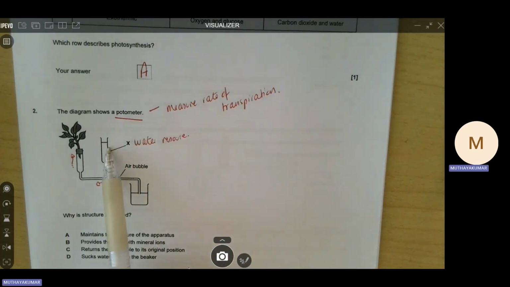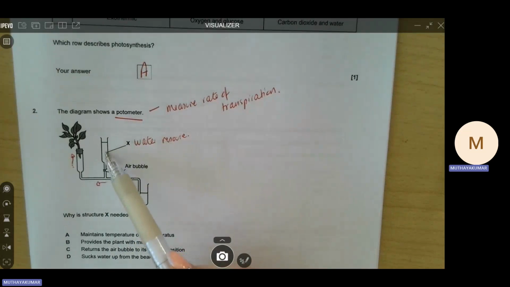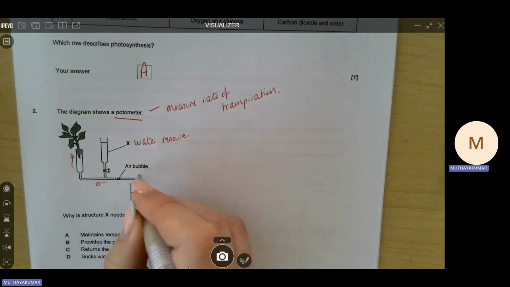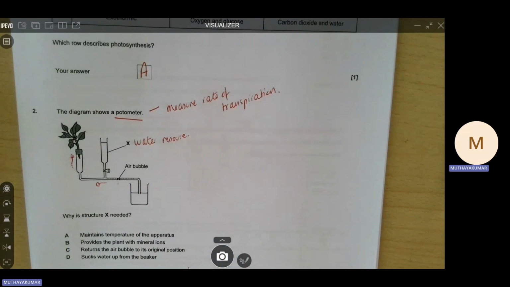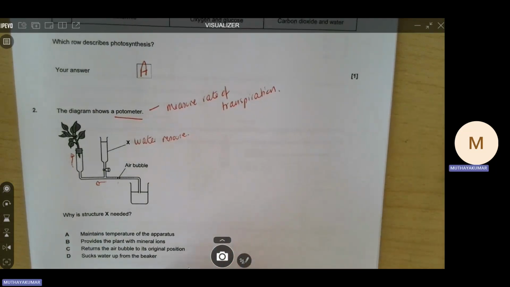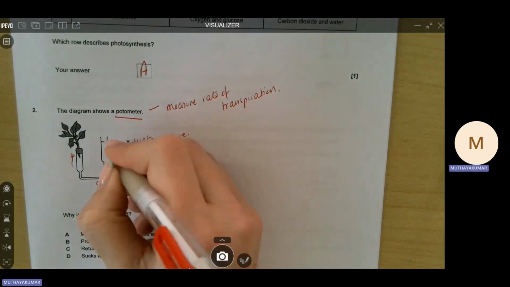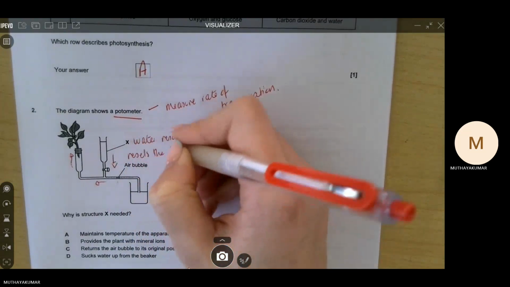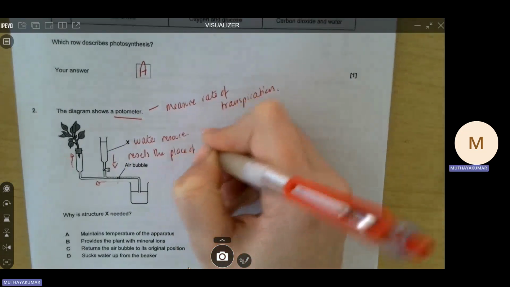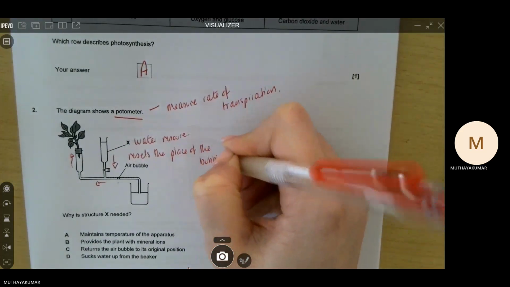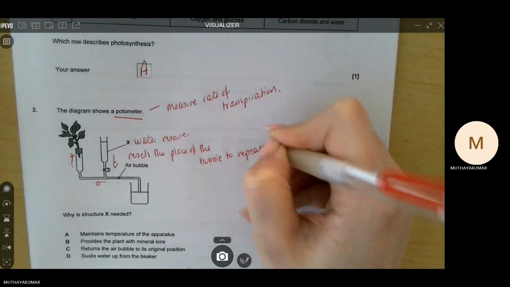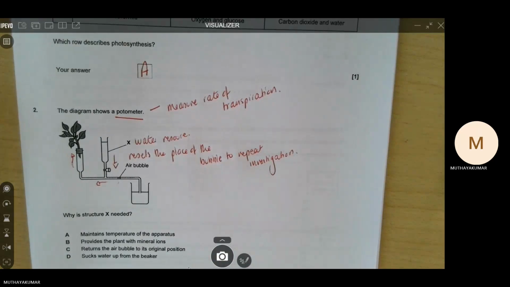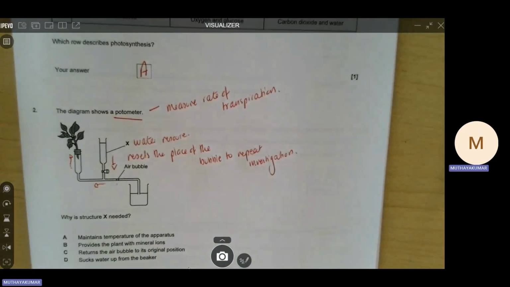All right, and why we need the water reservoir is if we open this tap, water is going to go back into your potometer, and that air bubble is going to move back in that direction, and it allows us to repeat the investigation. All right, so the answer is C. Okay, so it resets the place of the bubble to repeat the investigation.